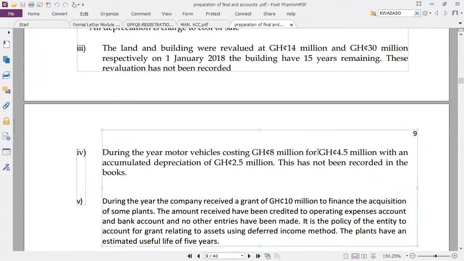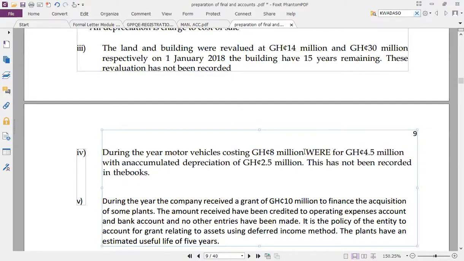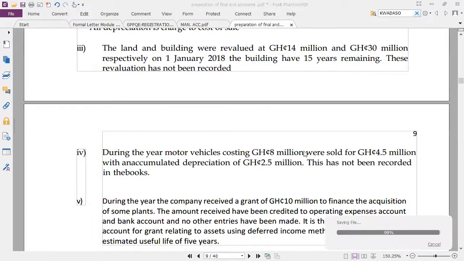So we can say that were sold for 4.5 million with accumulated depreciation of 2.5 million. This has not been recorded in the books.